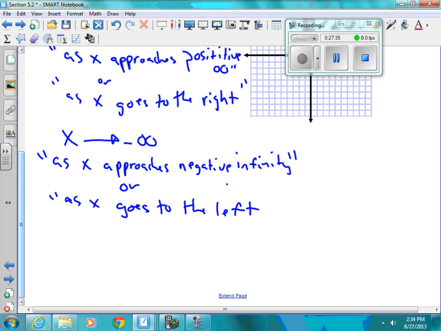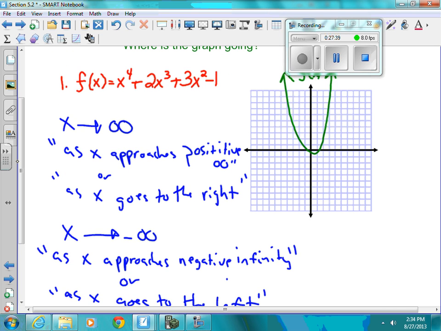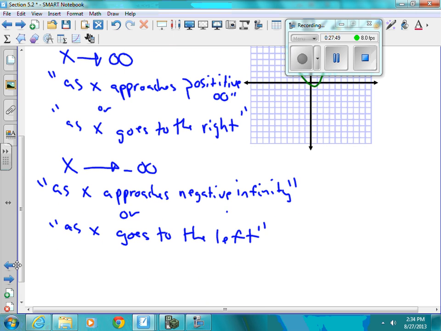That's what those phrases mean. X arrow positive infinity is as x goes to the right. That's really what it boils down to. X arrow negative infinity means as x goes to the left.